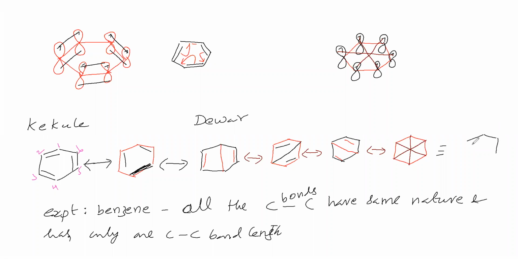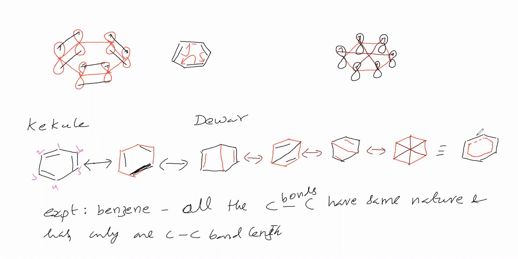Now 6 carbon atoms we have written like this. Now the delocalized pi electron cloud, how it is present: here a pi bond, here a pi bond, here a pi bond, and so on around the ring. How the pi electron cloud is distributed, have you seen?